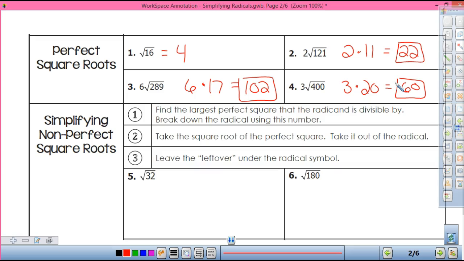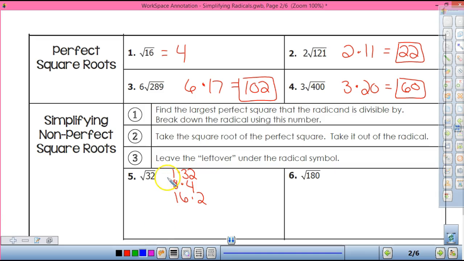So we need to figure out what the factors of 32 are. What times what gives me 32? 1 times 32, what else? 8 times 4, what else? 16 times 2, anything else?